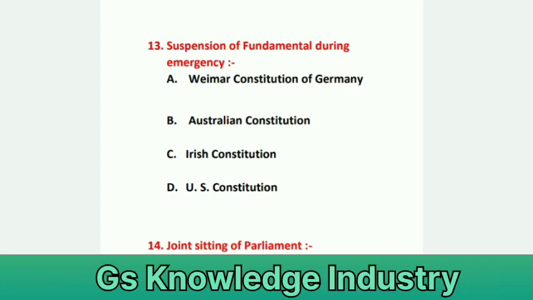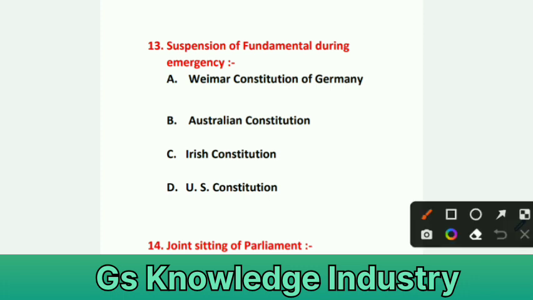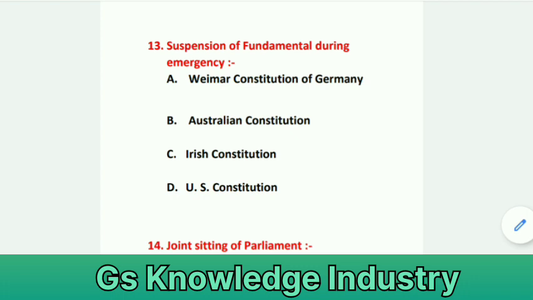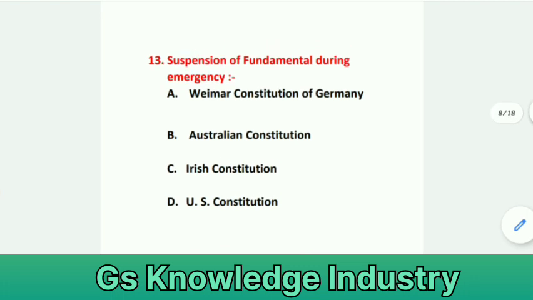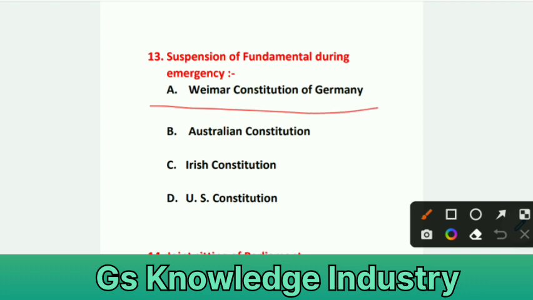This system has come from... Sorry, 13 number is option A. Option A is the right answer. Weimar Constitution of Germany. Suspension of fundamental rights during emergency. This system has come from Weimar Constitution of Germany.